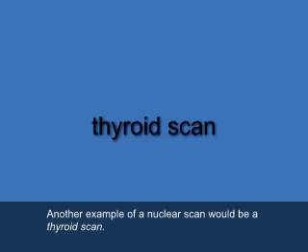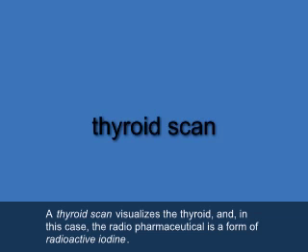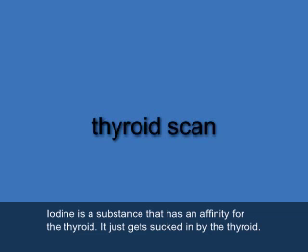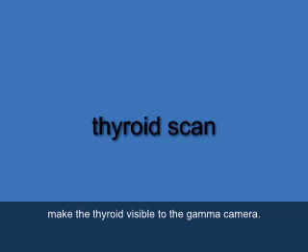Thyroid, we know that by now, I hope, and scan. A thyroid scan visualizes the thyroid, and in this case, the radiopharmaceutical is a form of radioactive iodine. Iodine is a substance that has an affinity for the thyroid. It just gets sucked in by the thyroid. So if you give the patient radioactive iodine, it is going to seek out the thyroid. It's going to be absorbed by the thyroid. It will then make the thyroid visible to the gamma camera.